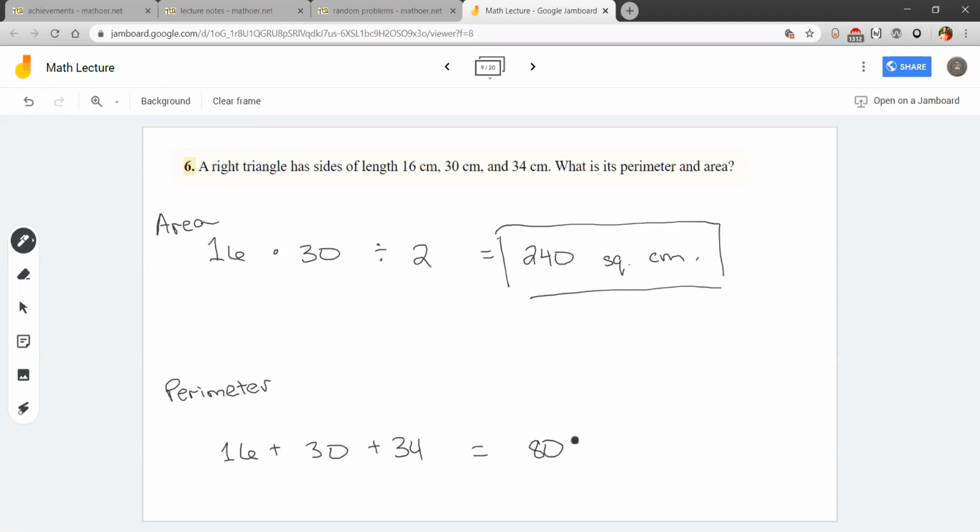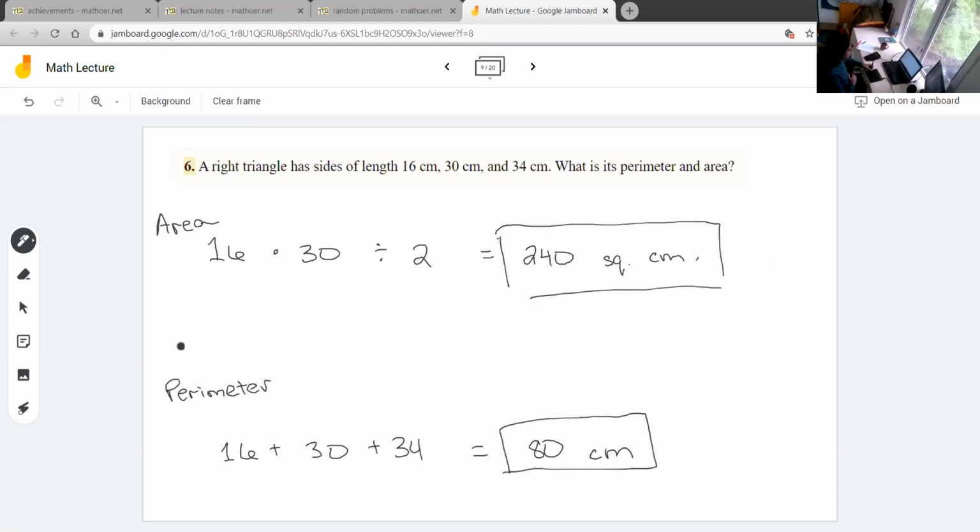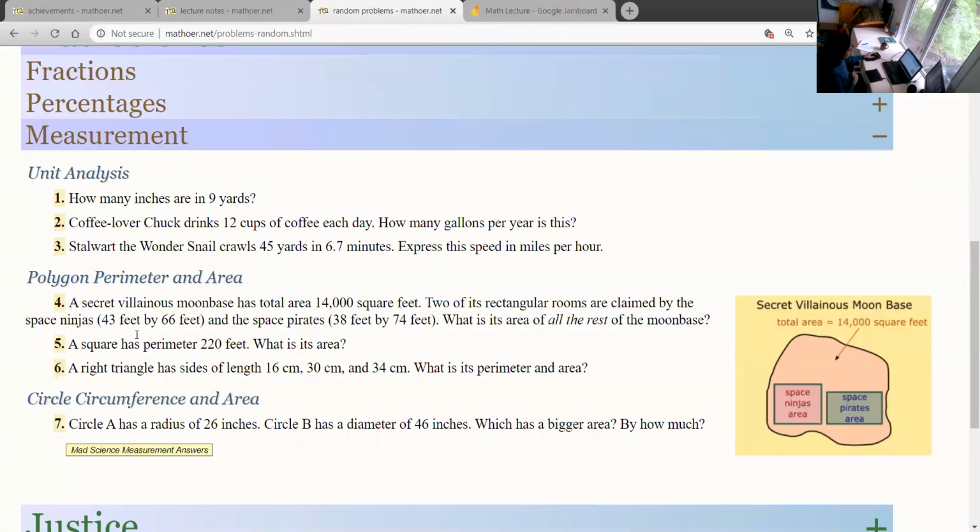Okay. Okay, so that's the ones for polygons.